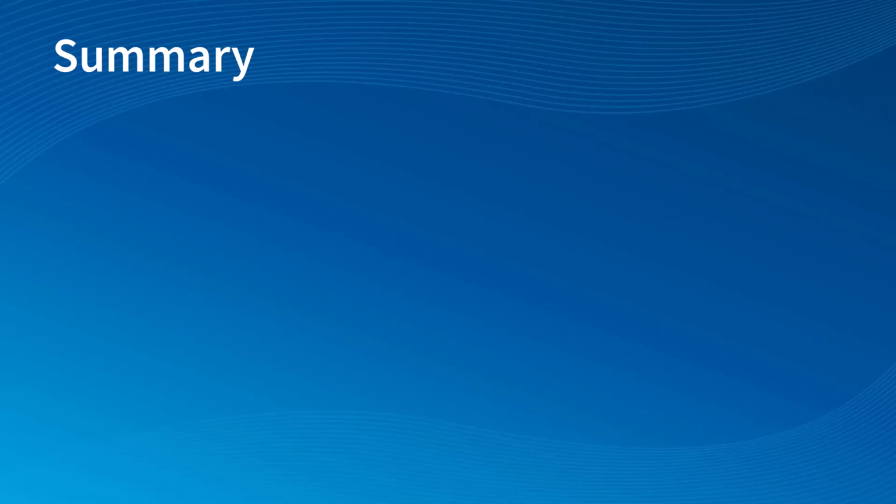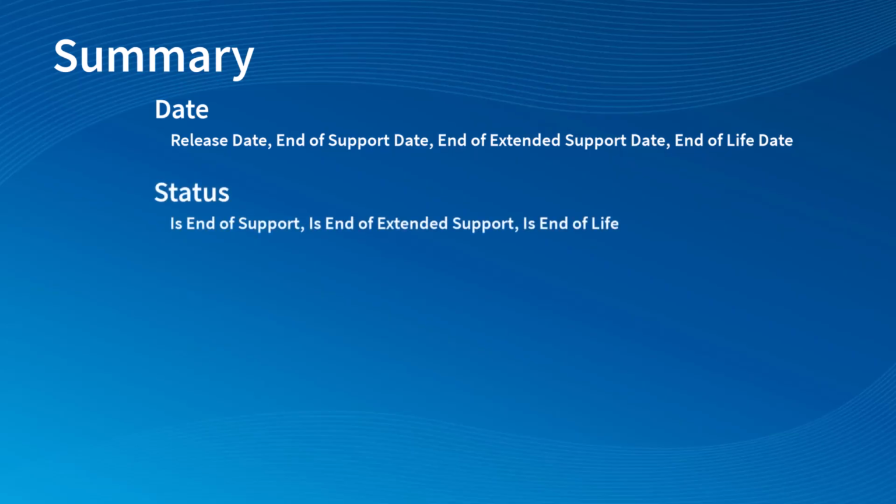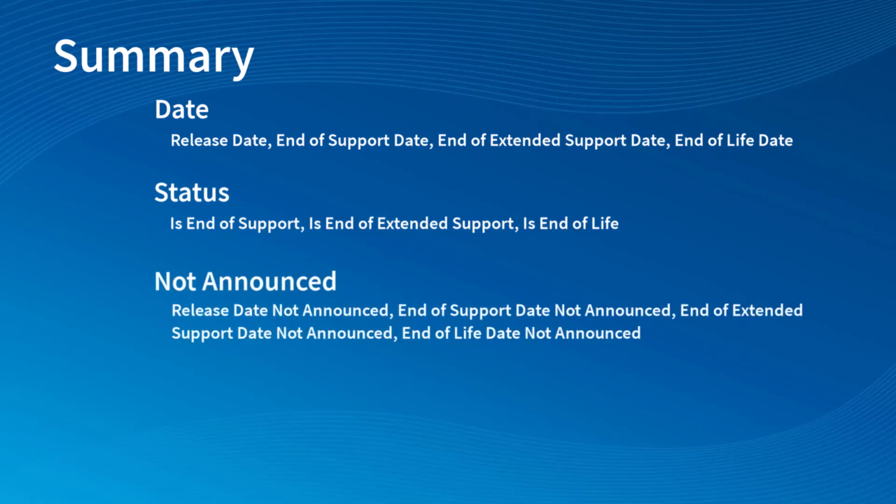So to summarize this video, there are three different kinds of lifecycle values available, which are date, indicating specifically when something will occur or has occurred, status, indicating what stage of the life cycle the application is currently in, and lastly, not announced, indicating that the lifecycle information has not yet been publicly stated by the software vendor of the application.